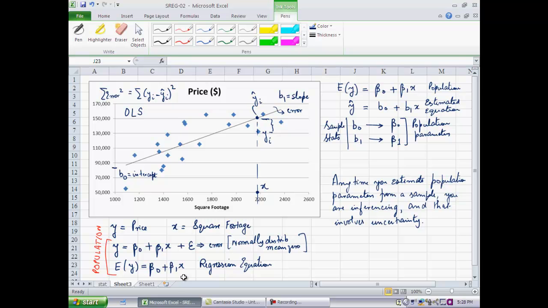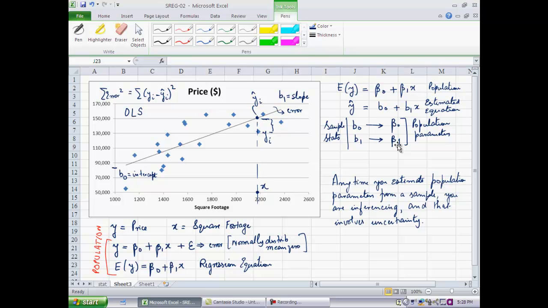Unfortunately, since I cannot deal with the entire population of all the houses, I work with a sample, and the regression equation that I compute using Excel will give me an intercept and a slope, which are sample estimates of the population parameters. The intercept that I get from Excel is an estimate of the true intercept. The slope that I get from Excel is an estimate of the true slope of the regression line.